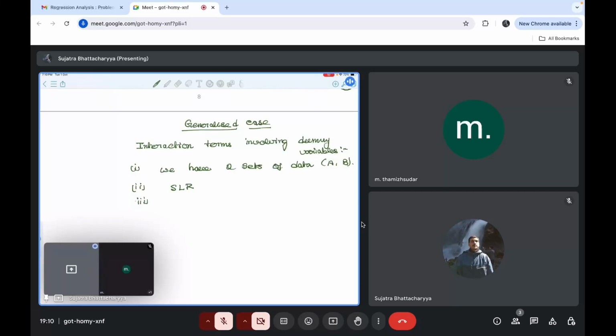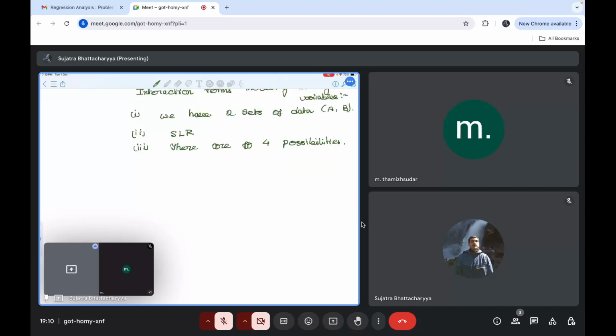And the third is that there are four possibilities. So what are those? We will be talking about this. Okay, there are four possibilities. Let's see one by one. The first case is two distinct lines, because there are two sets of data, so two distinct lines are possible.